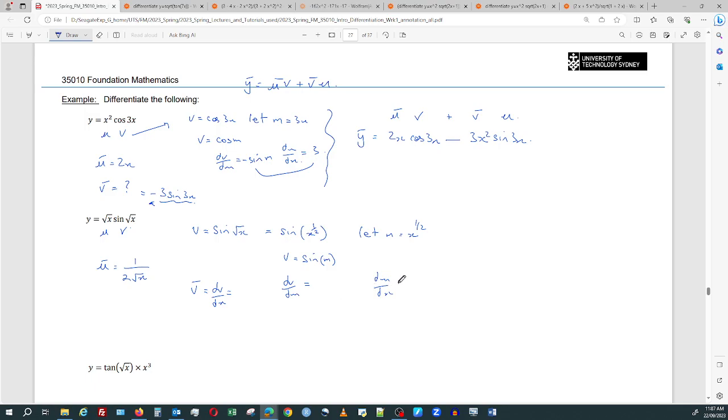Okay, so the differential of sine is cos, and m was the square root of x. This one is a half, x to the minus a half, which is 1 over 2 root x. So we got that together. So together, they represent v dash.